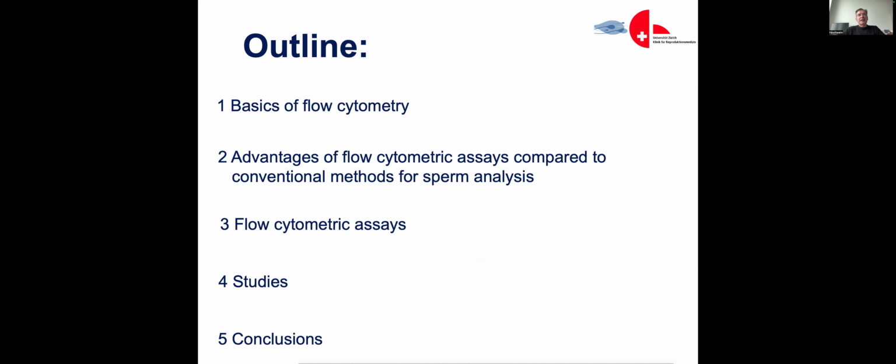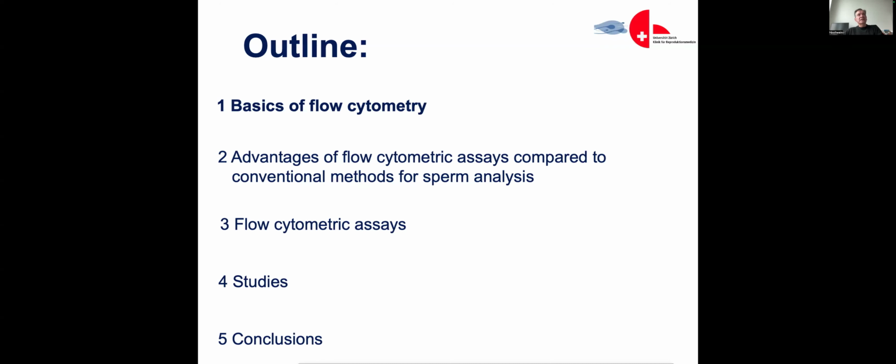Then I would like to show you why we are using flow cytometry instead of conventional methods like microscopy for sperm analysis. Then I would like to show you some examples of flow cytometric assays and studies we have done with this technique, and last but not least, come to the conclusion.